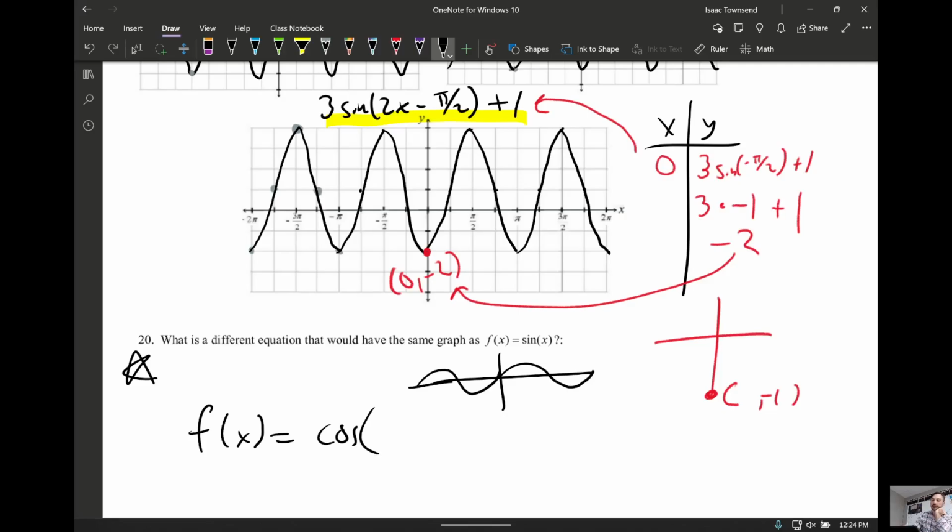Moved it to the, you said, to the left. Okay, so technically, you can move it right or left. It just depends on how much you're willing to move it right or left.